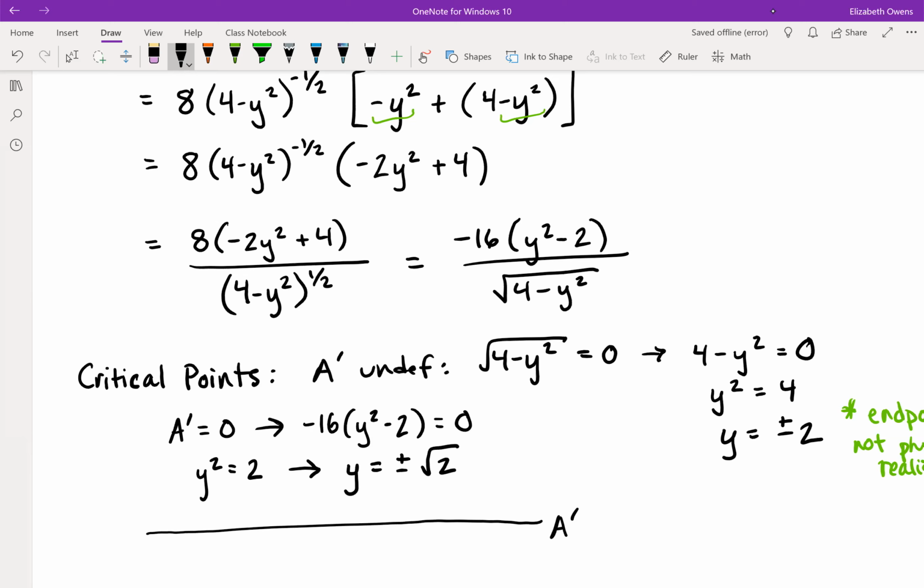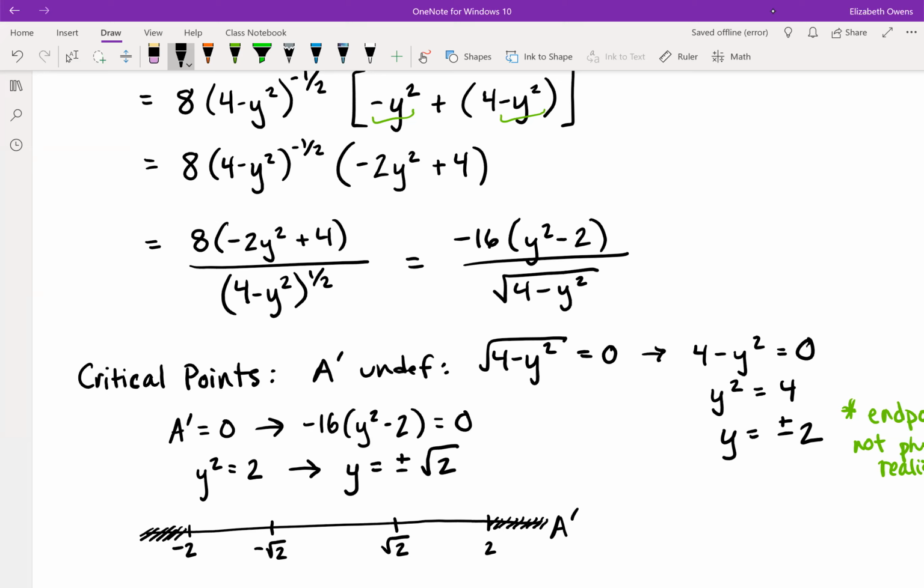Let's make a number line for A prime. Let's put our negative root 2 and our positive root 2 on there. I'm also going to put 2 and negative 2 as boundaries, because none of the values outside of that are going to be realistic.